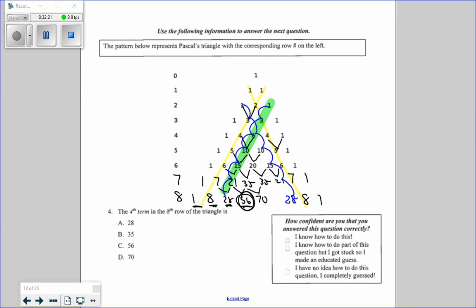And then there's another pattern here. Here you added 3, then 6, then 10, then 15. That's got to be a different pattern. It's not an add pattern. Anyway, there are patterns inside patterns inside patterns. I haven't seen a Pascal's triangle on your diploma for quite a few years, because usually Hughes always tells me when there's a Pascal's triangle question.